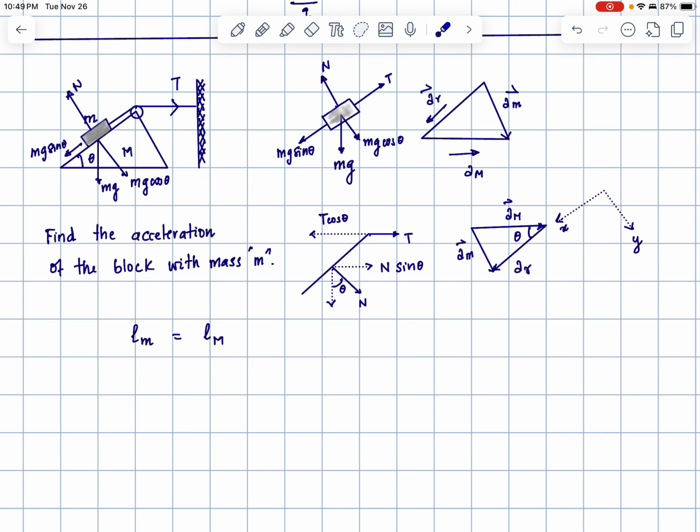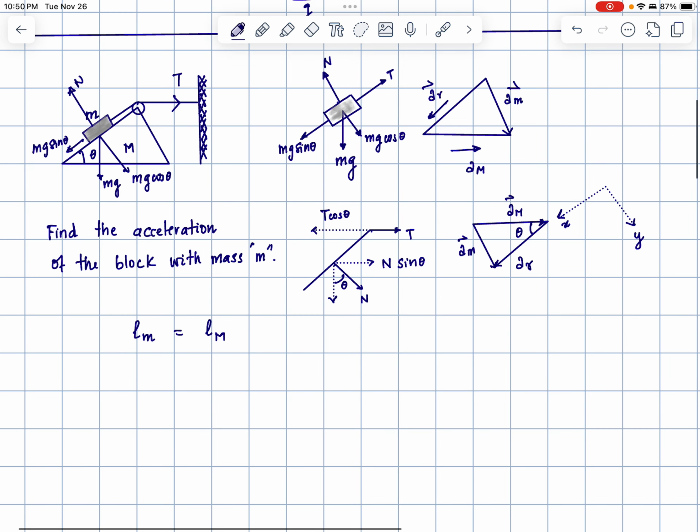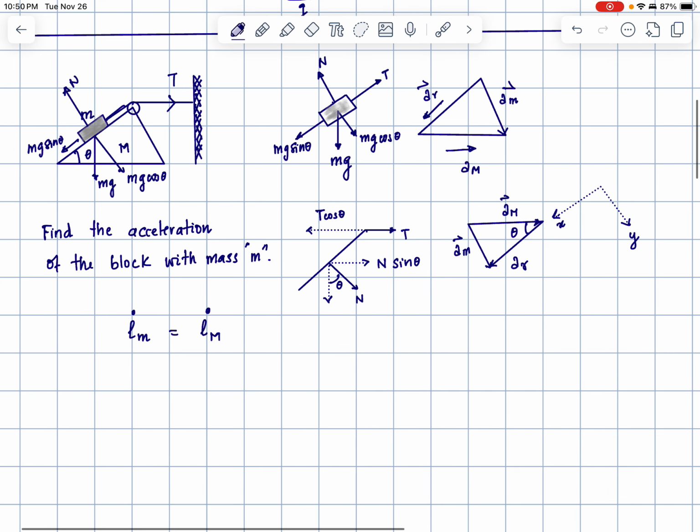Okay, so as this segment becomes shorter, okay, the inclined plane here moves towards the right. Okay, so because the length of the string never changes, therefore any change in the length here is equal to the change in length there. Okay, and the change in length is what we are calling L little m and L capital M. Okay, so now this represents the corresponding velocities of the little block and the big block.